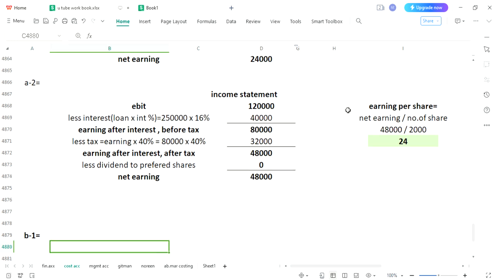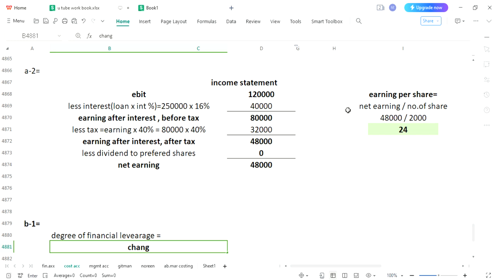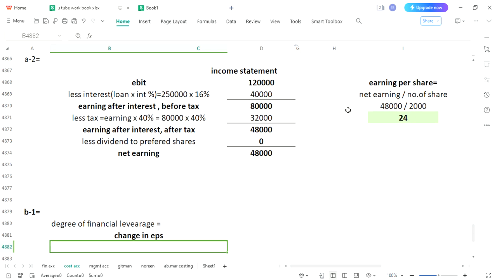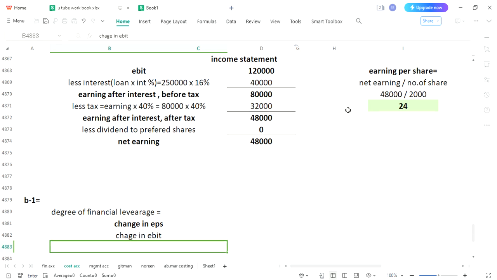So we are now up to calculate our degree of financial leverage, and it has a formula: degree of financial leverage equals change in EPS divided by change in EBIT. So this would be your formula.